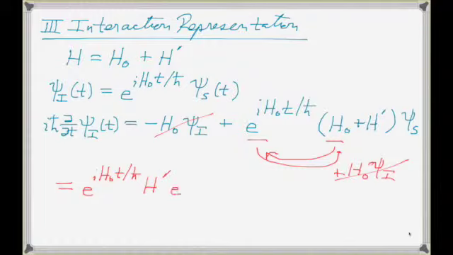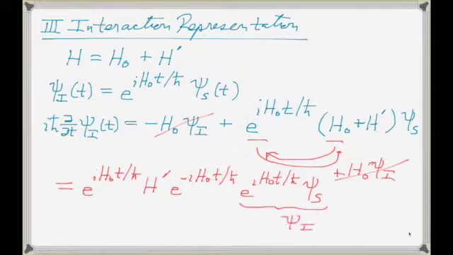So e to the minus i H0 t over h bar times e to the plus i H0 t over h bar times psi s, and this is just psi I. And so this, by definition, is H prime in the interaction representation.